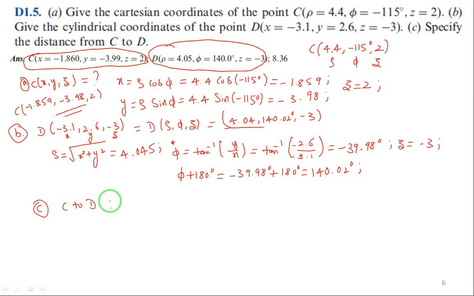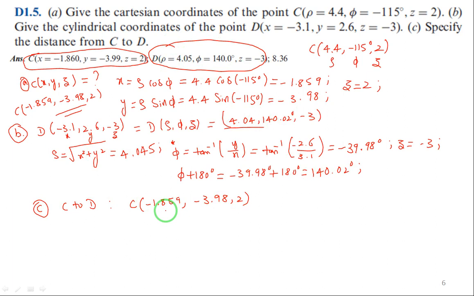Yes, it is easy to find the distance if I know the coordinates of C and D in Cartesian system. So already I have C in Cartesian system. We have calculated it in part A. The coordinates of C are minus 1.859, minus 3.98, comma, 2.